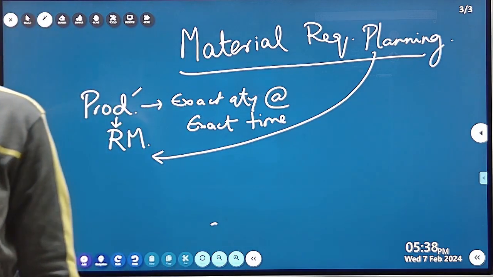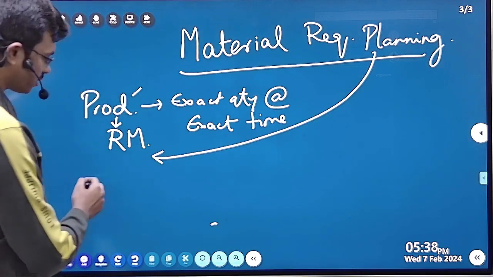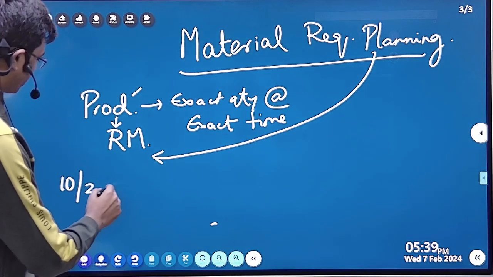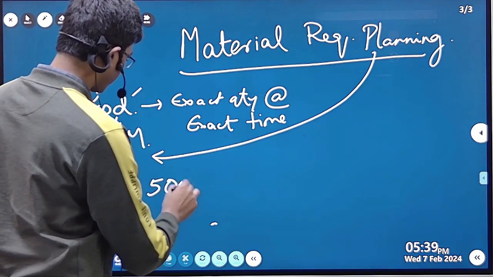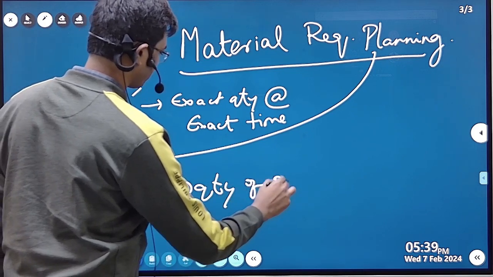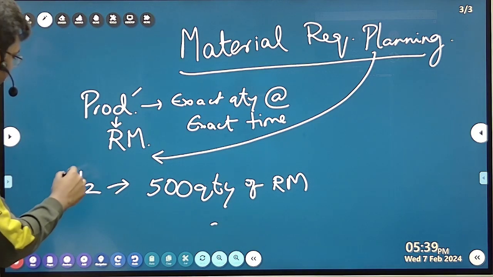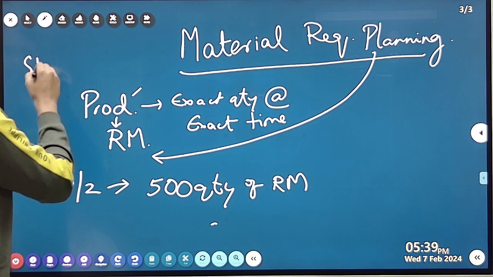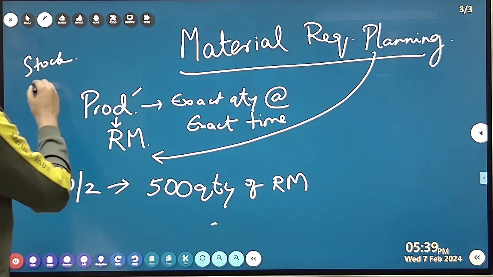material requirement planning. Okay, so suppose we know that on the 10th of February your production batch will start, and you will require 500 quantity of raw material. So you will have to plan. Now to plan it, you have to see what is the stock you have in your inventory, and what is your lead time.